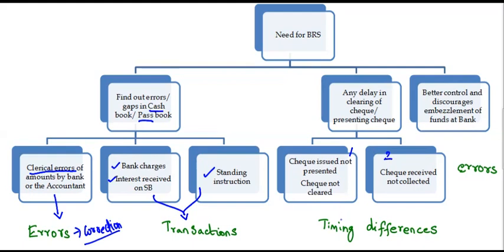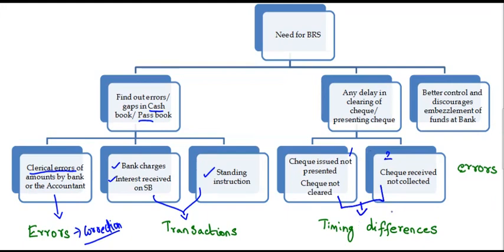For this the accountant would have already booked an entry in the books of accounts, but since we have not deposited those checks into the bank, it is not yet reflected in the bank. So these are the timing differences. Because of the delay in the clearing process, these differences could arise.